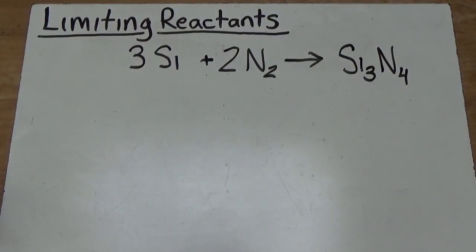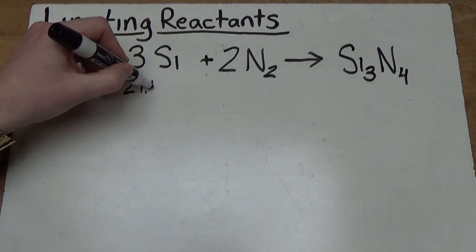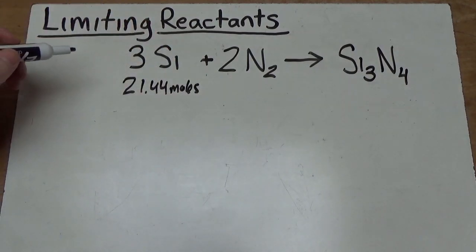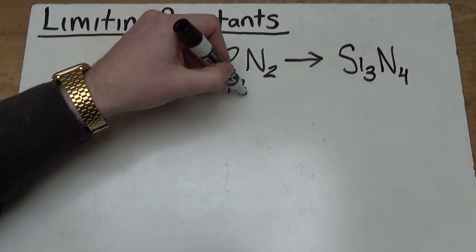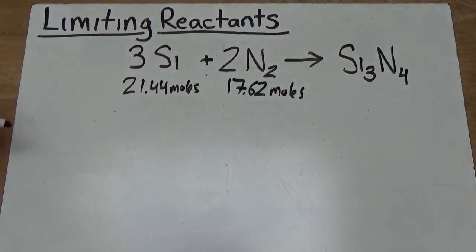Okay, and we're going to start with a problem where I have 21.44 moles of Si and I have 17.62 moles of N2. I want to know which of these is the limiting reactant, and then as a bonus, how much of the other reactant will I have left over at the end of this reaction?